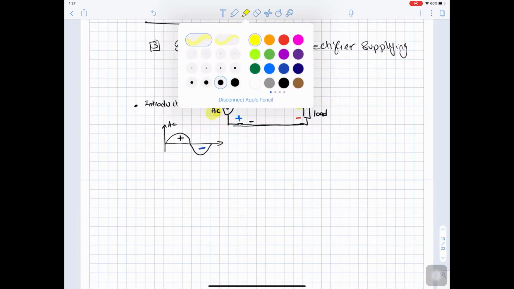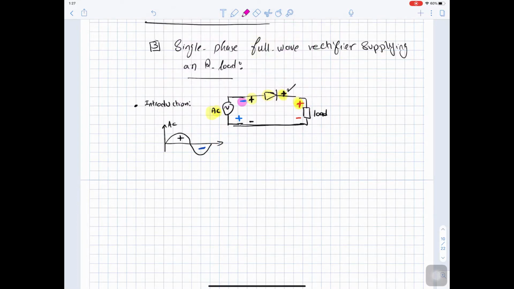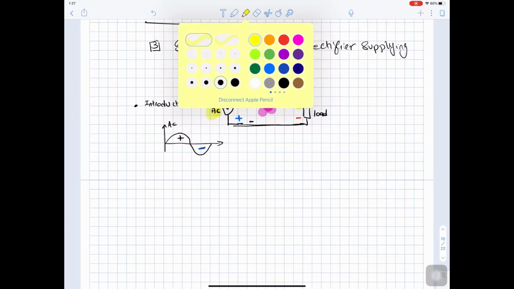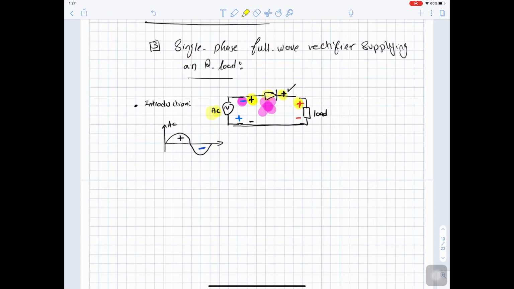Now when the source reverses to be negative, this diode will be blocking, and if the diode is blocking, it will be open circuit, so this negative will not appear on the load. So the load will see only the positive cycle without seeing the negative cycle.